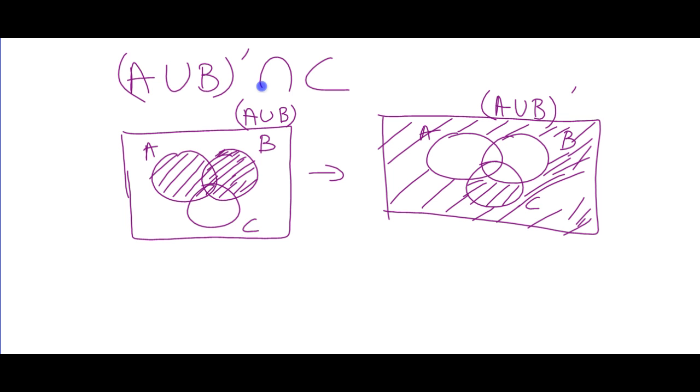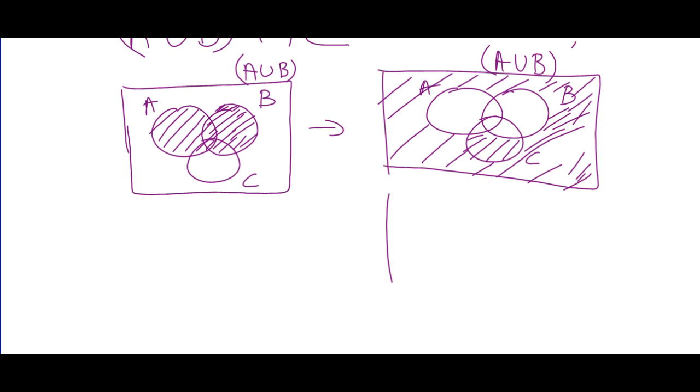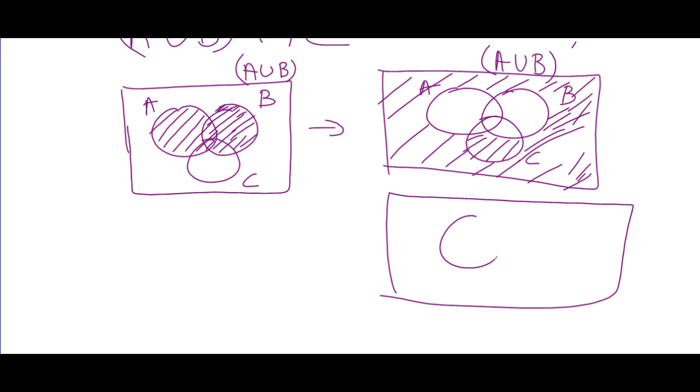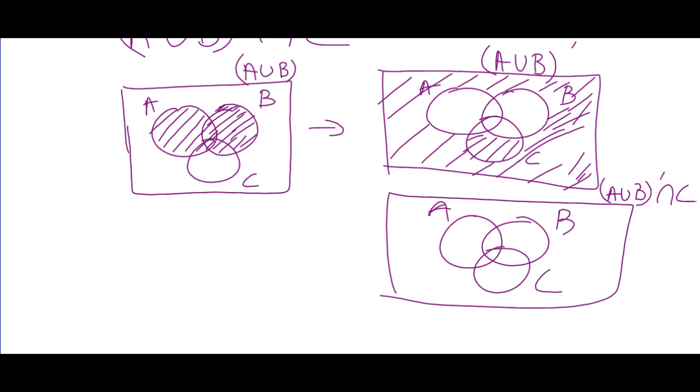So what's the final thing that I'm going to shade? Okay, so this will be A union B prime intersect with C. So I want this intersecting with C. What do I shade? Only C, right?